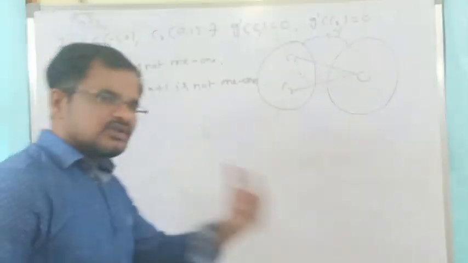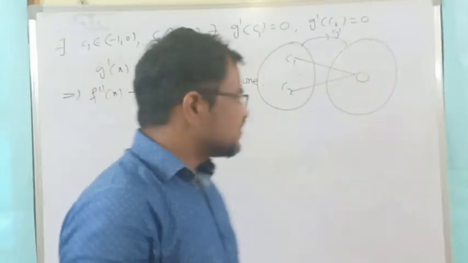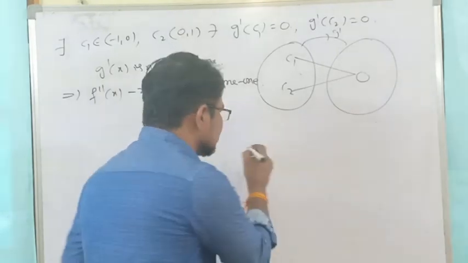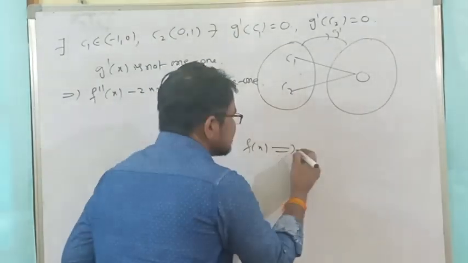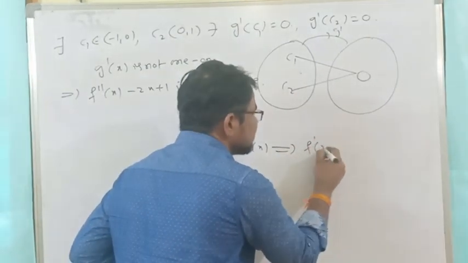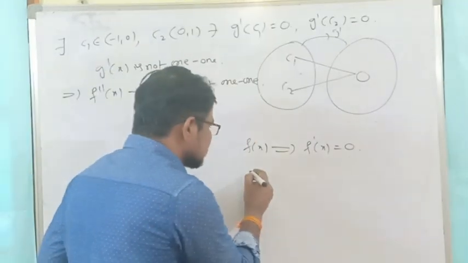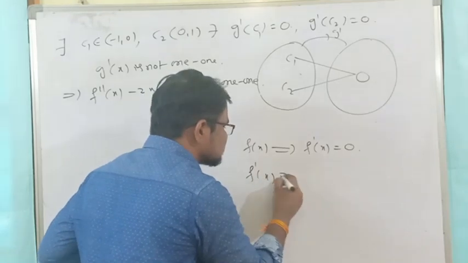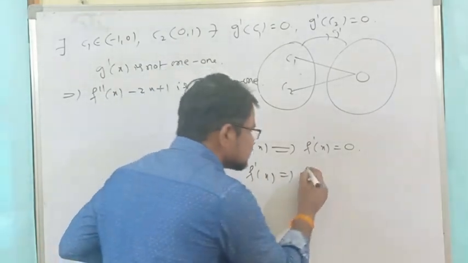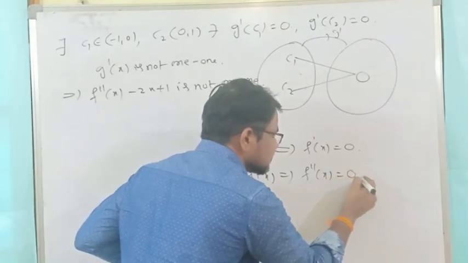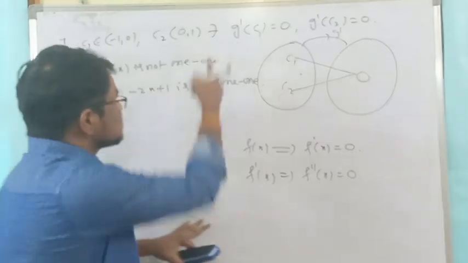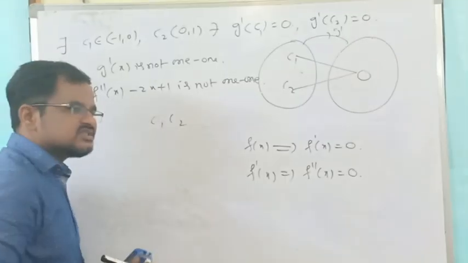Next, we know that by Rolle's theorem, between any two roots of the equation f of x equal to 0, there exists at least one root of the equation f dash x equal to 0. And between any two roots of the equation f dash x equal to 0, there exists at least one root of the equation f double dash of x equal to 0. Means for the g dash, c1, c2 are there.